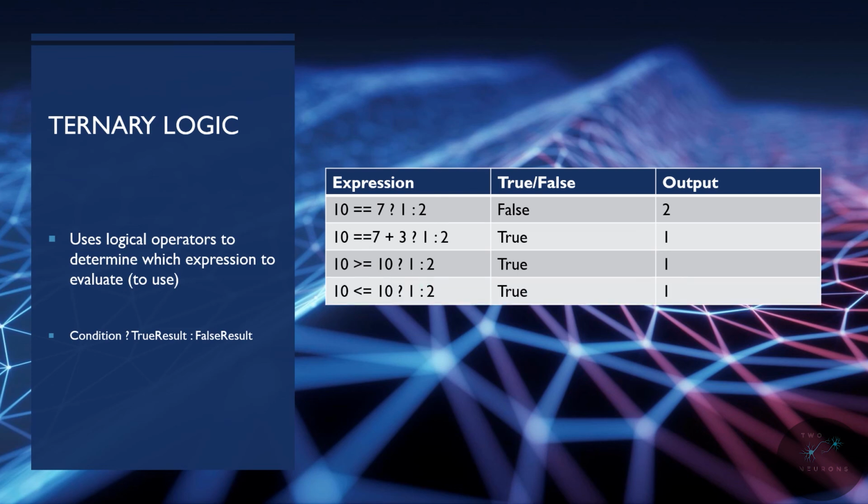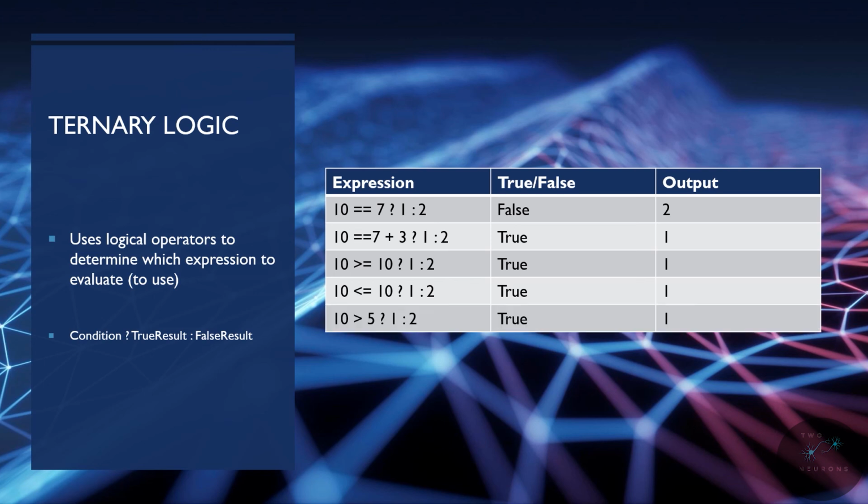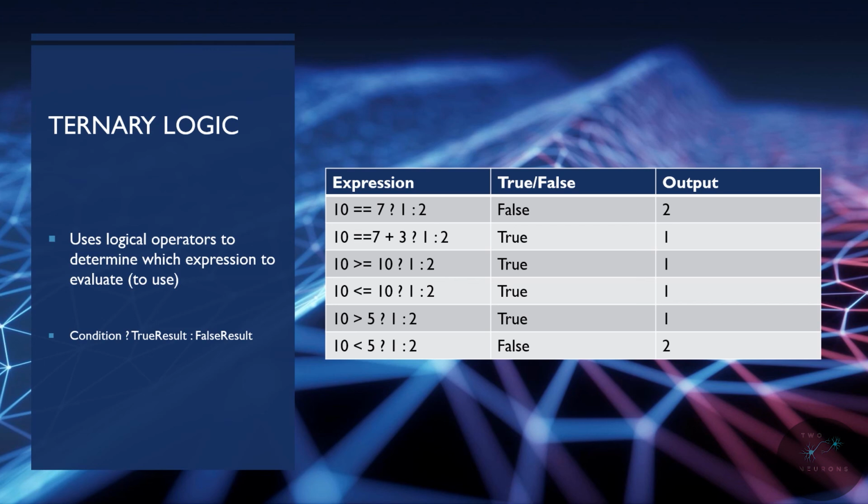If we say 10 is less than or equal to 10, well, this is also true, they're equal to each other. So again, we'll evaluate 1. If we say 10 greater than 5, this is also true, so we evaluate 1. But if we say 10 is less than 5, this is false, so we'll evaluate 2.